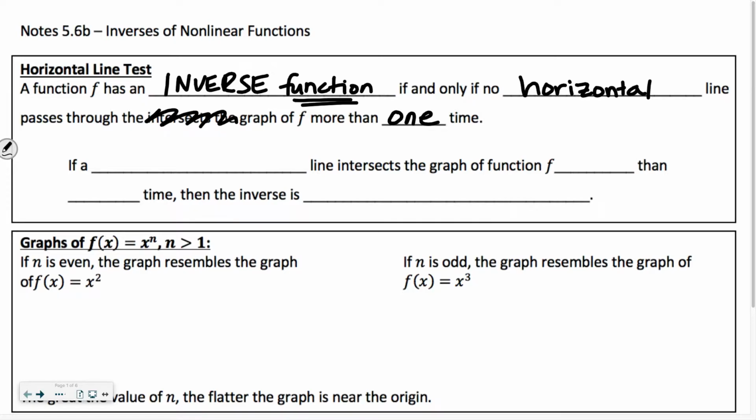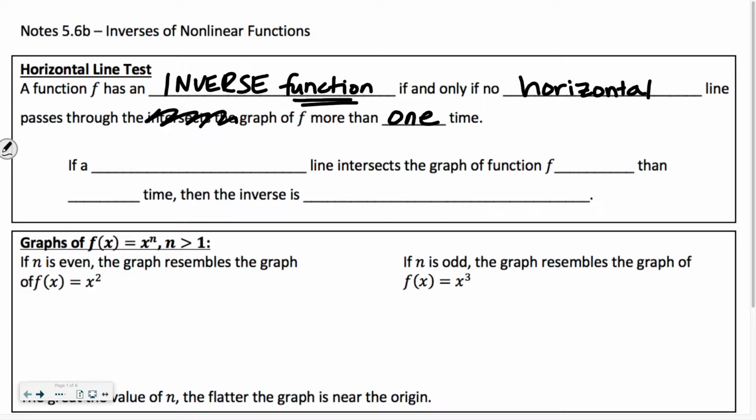The horizontal line test says that the function f, the original, has an inverse function if and only if the horizontal line passes through the graph of the original no more than one time.